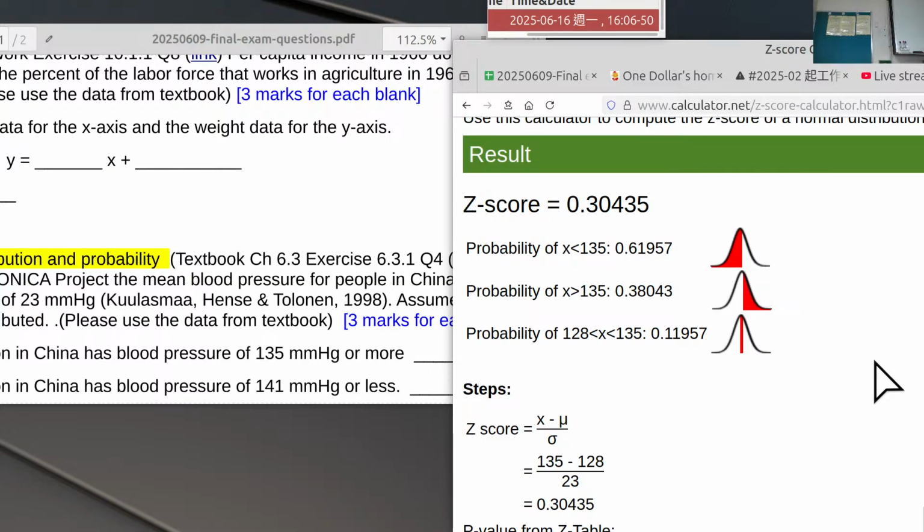Actually, in this kind of case, it is not important whether to include the value 135 or not.